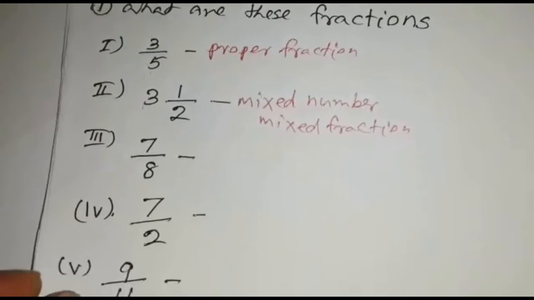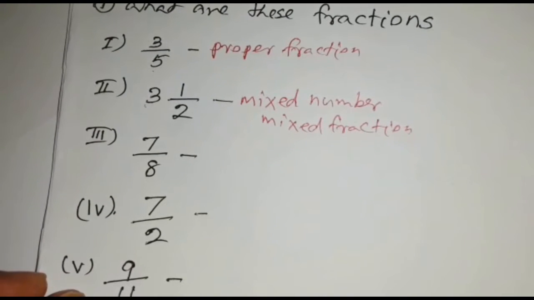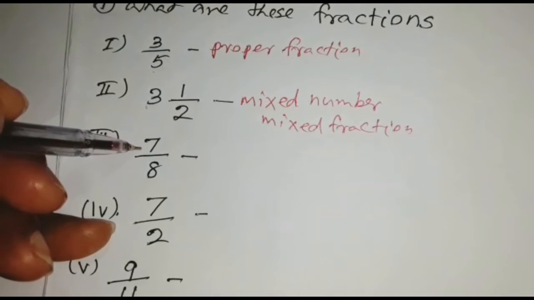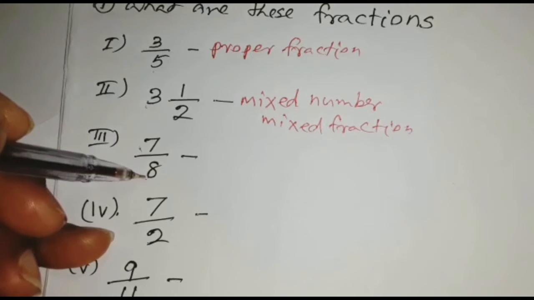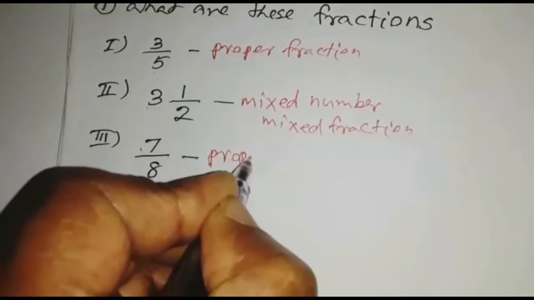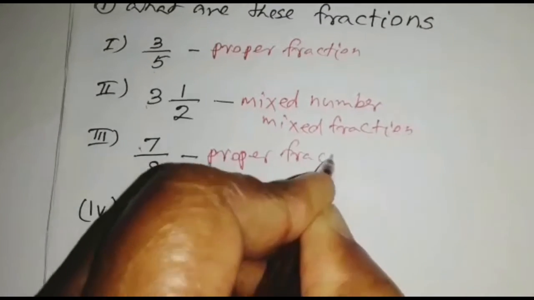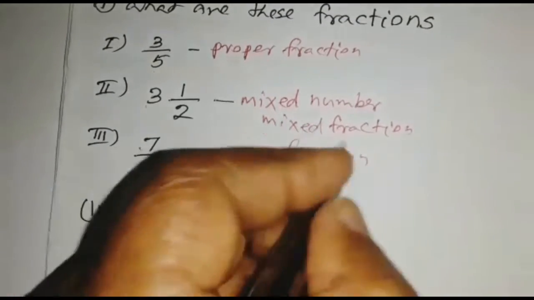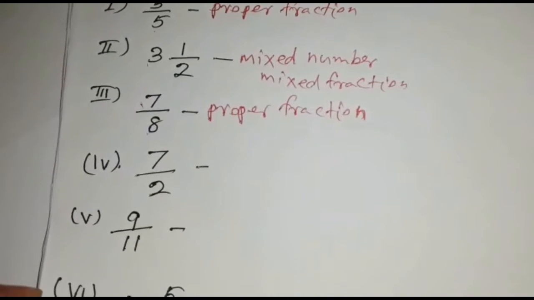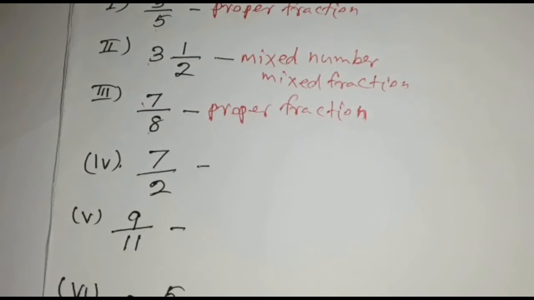Third one, 7/8. In this fraction, the numerator is small and the denominator is large. So this fraction is a proper fraction. Fourth one, 7/2.